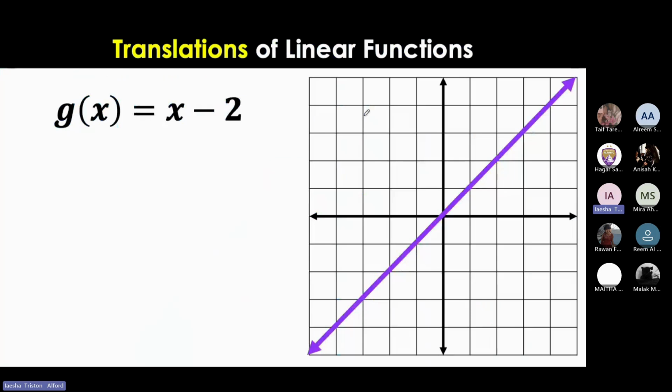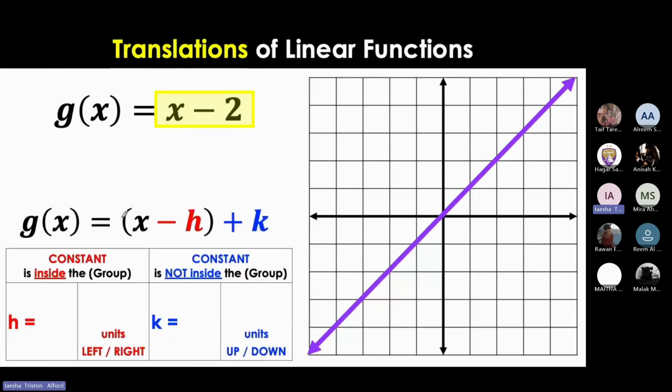Okay, so let's try it. Focus here. Do not focus on g of x. We don't care about that. We care about x subtract 2. We have to decide the constant. Is it inside the group? Is it inside parentheses? Or is the constant not inside the group?